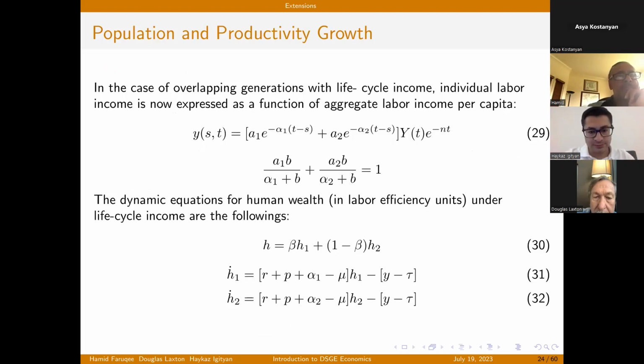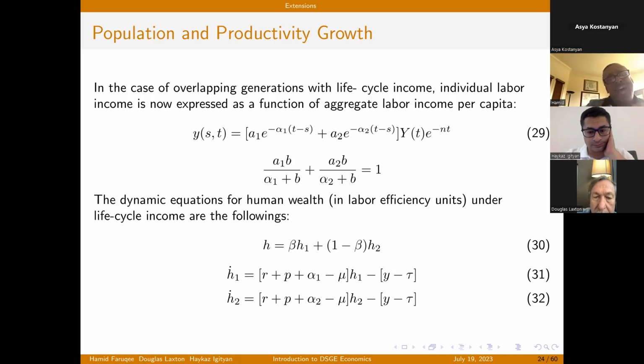Okay, so putting those pieces together, you can have a further extension where we put all the different parts together. You have life cycle income. That's the first part of equation 29, those hump-shaped profiles that we've discussed before. And then you have growth in the overall population, so you have population growth n.